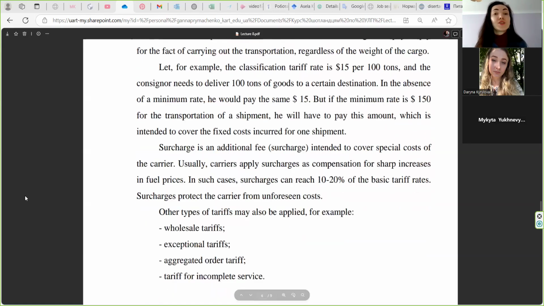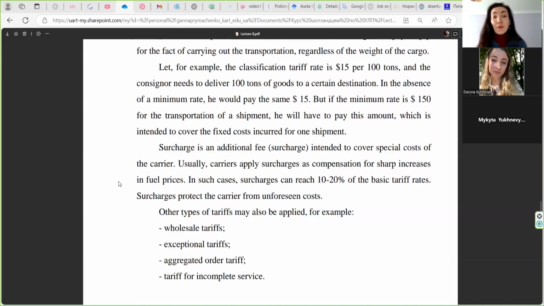Usually, the carrier applies such a charge as compensation for sharp increases in fuel prices. In such cases, the surcharge can reach between 10 and 20% of the basic tariff rates. A certain surcharge protects the carrier from enforcement costs. Other types of tariffs may also be applied.